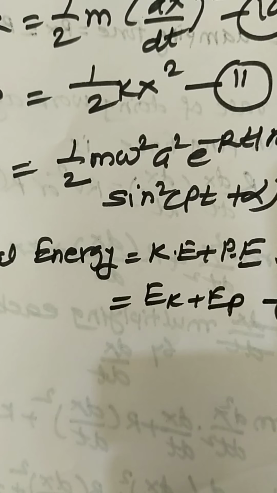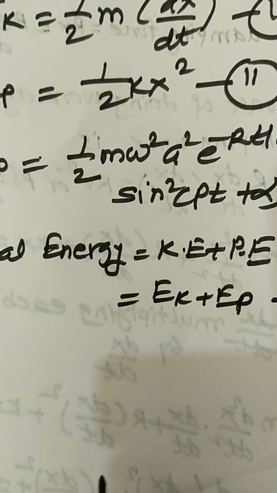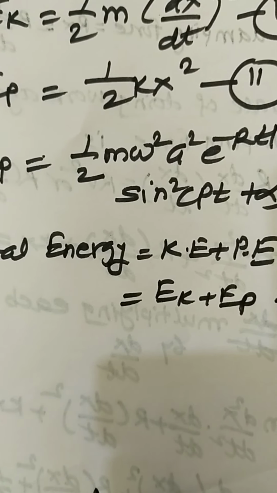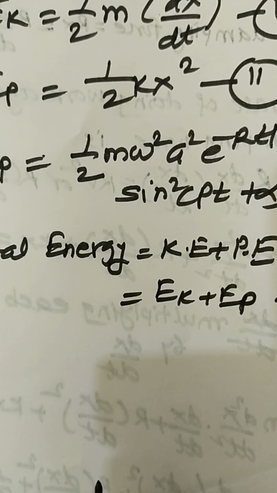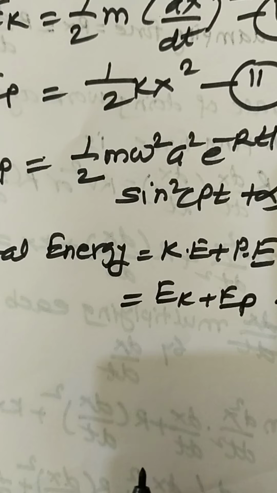So during the damped harmonic motion, the energy of the oscillation does not remain constant but goes on decreasing continuously, and therefore we consider the average value of the energy over the complete period of the oscillation. It can be found by considering the average value of the terms on the RHS of equation 13.